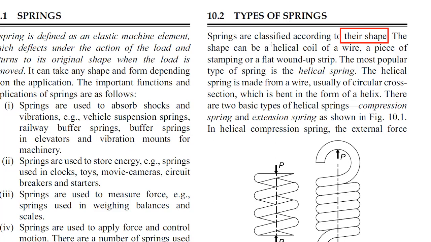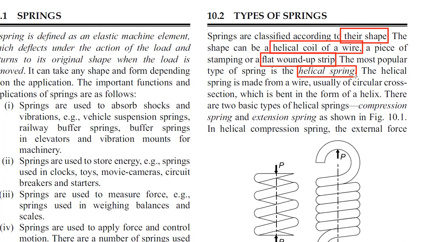The shape can be a helical coil of a wire, a piece of stamping, or a flat wound-up strip. The most popular type of spring is the helical spring. You have seen a helical spring once. I think if I say spring, the one picture that will directly come to your mind is a helical spring.